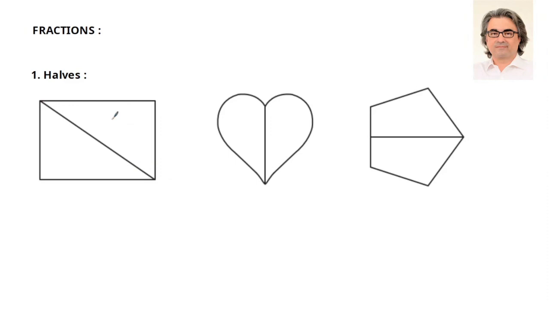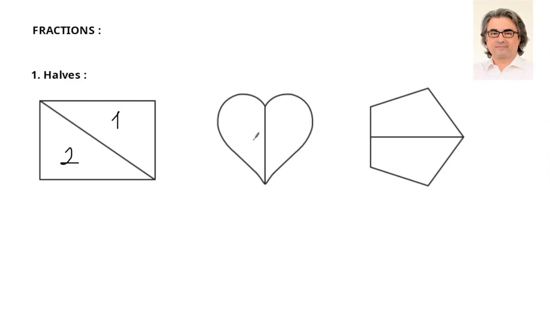And let's denote these pieces with 1 and 2. These two pieces are equal to each other and one of them is the half of the rectangle or half of the whole. These two equal parts are called halves.